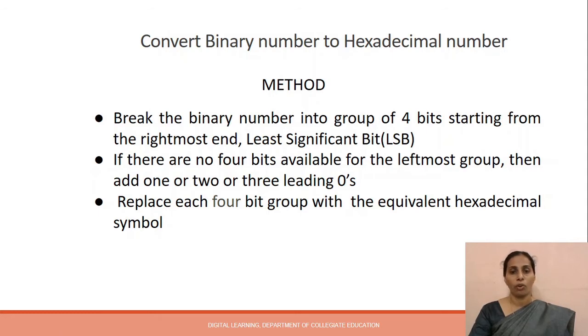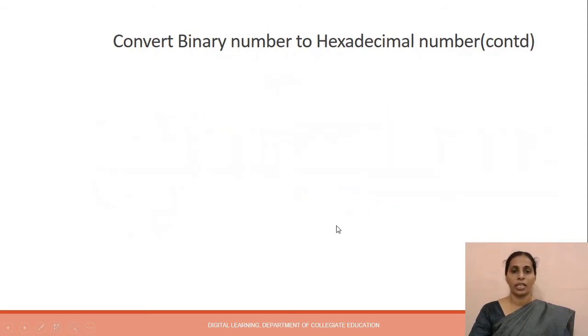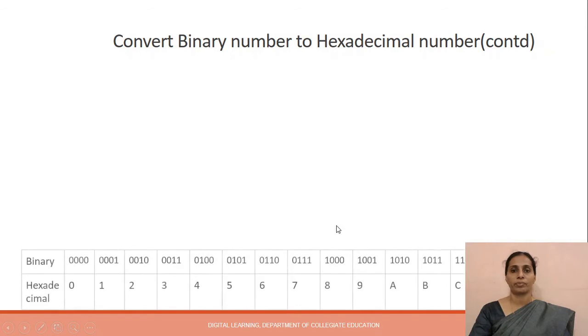If there are no 4 bits available for the leftmost group, then add 1 or 2 or 3 leading zeros for making this a 4-bit group. Let us see with an example. This table shows the binary 4-bit group of the given hexadecimal symbols from 0 to 9 and A to F.